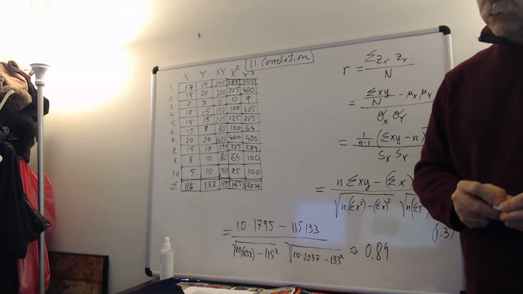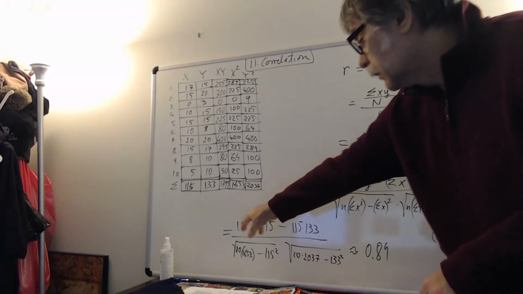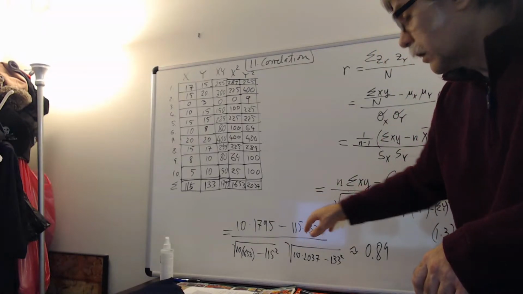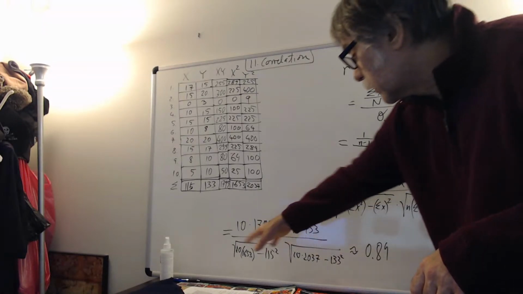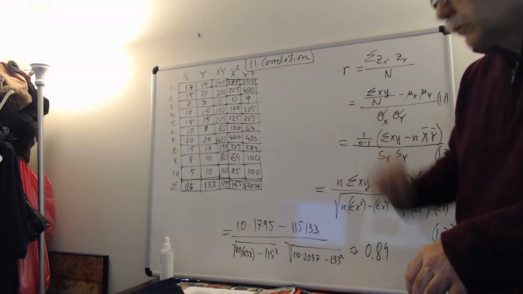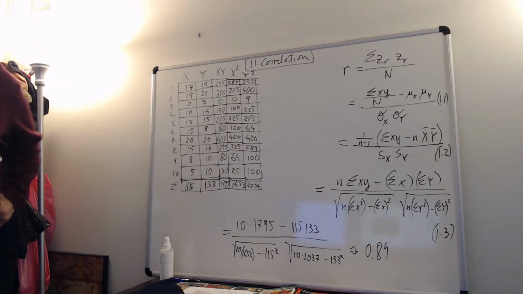You have to work it out with your calculator, of course, and be very careful: add correctly here, multiply correctly, get each radical properly, and then make a product. You have to do it separately if you don't have a good calculator. But eventually you're going to get 0.89.